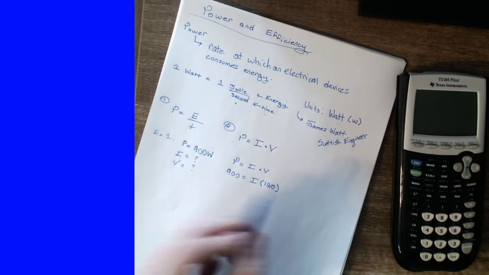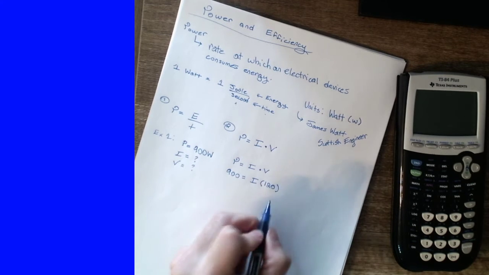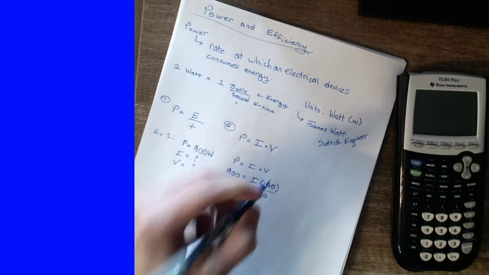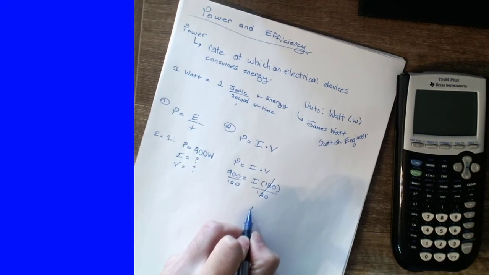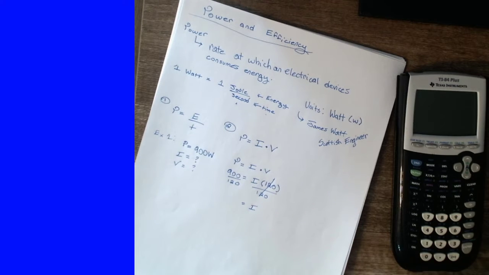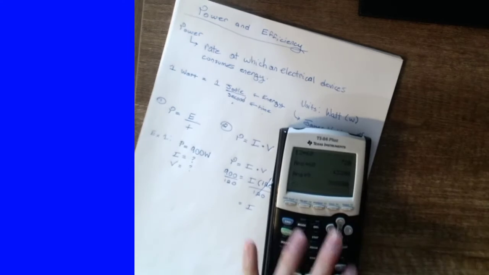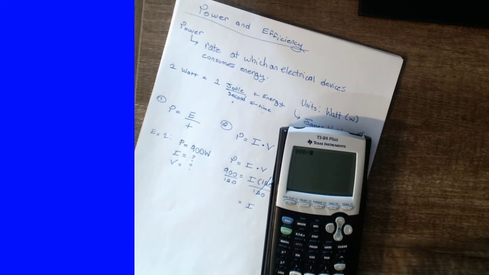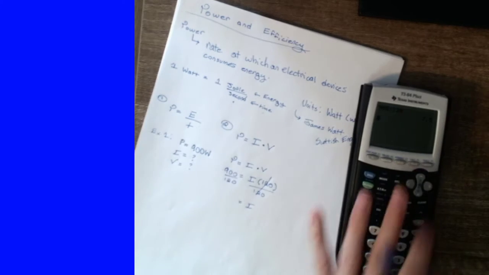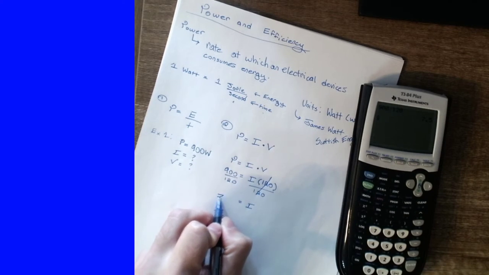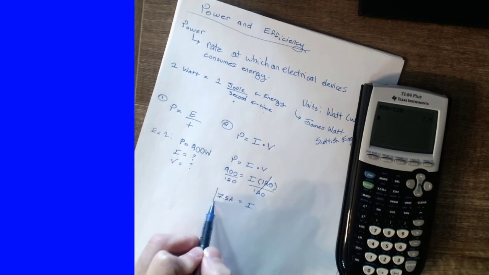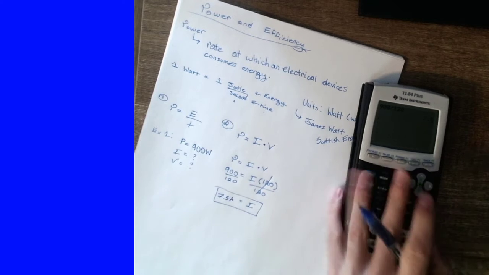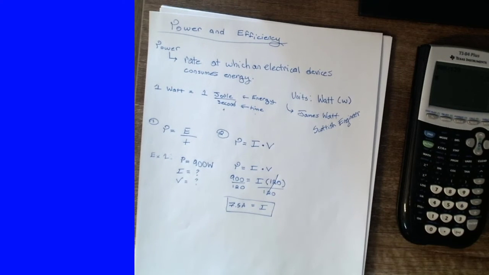So that's my equation. Now I can solve this. I can divide both sides by 120. And the current is equal to 900 over 120, which, if we calculate, is 7.5 amps. So that is the current that the toaster draws.